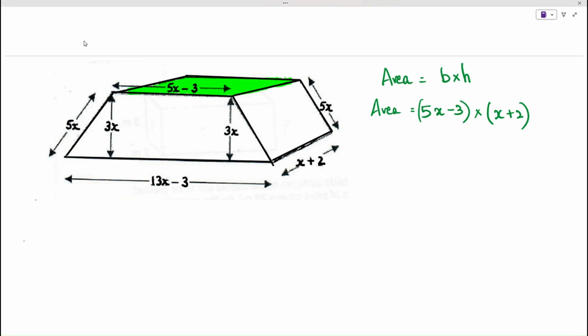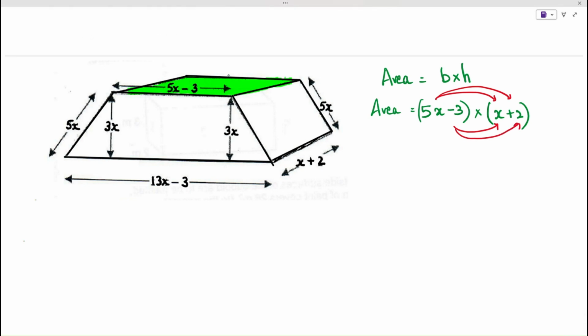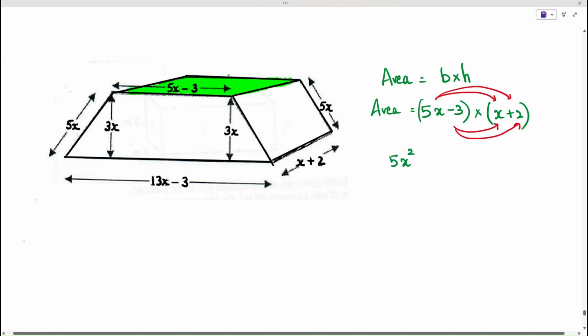By expanding the brackets, we get 5x times x and 5x times 2, and minus 3 times x and minus 3 times 2. When we multiply this out, we get 5x squared plus 10x minus 3x minus 6.